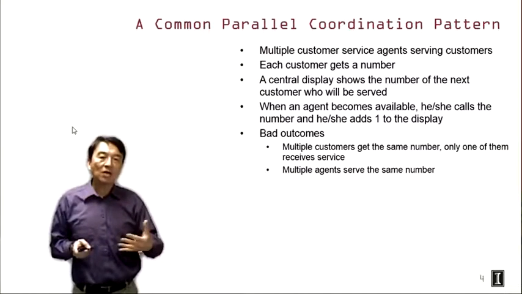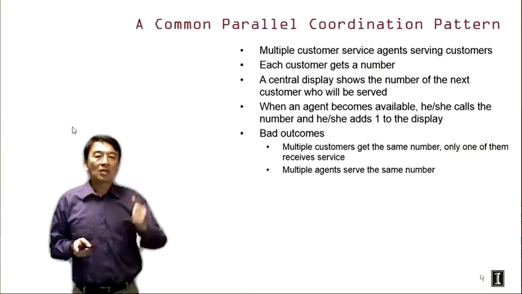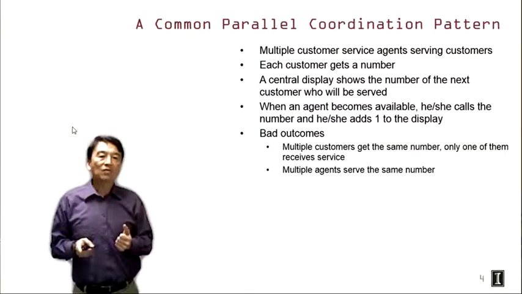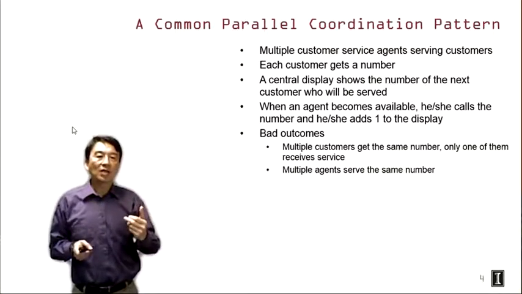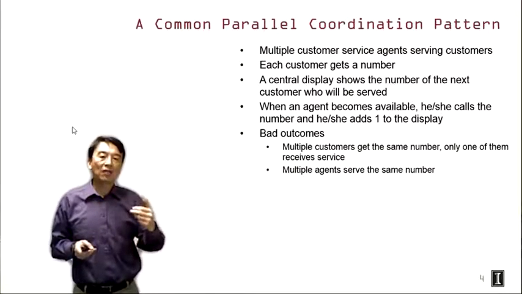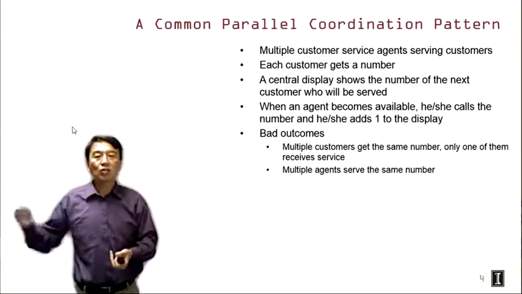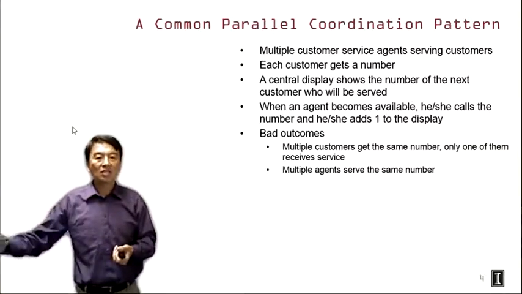You have customers coming into your shop, and we have multiple customer service agents serving customers, and each customer will get a number. And there's a central display that shows the number of the next customer who will be served. So when an agent becomes available, he or she will call the number, and add 1 to the display so that the next agent will be able to serve the next number.